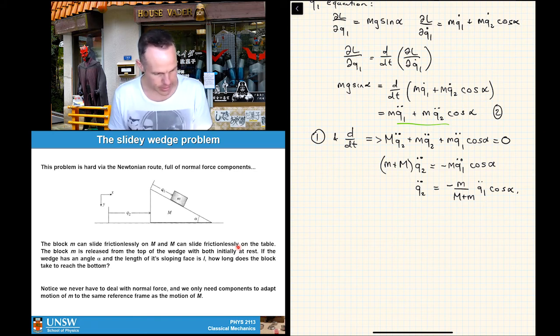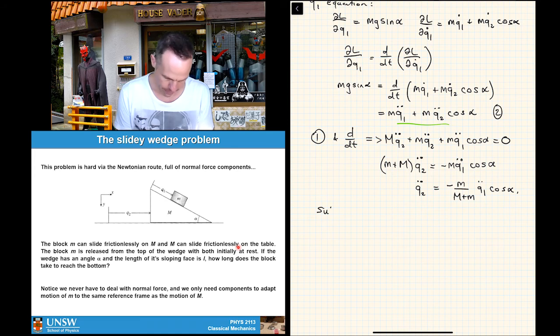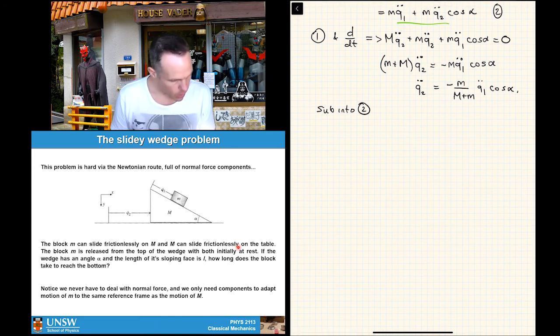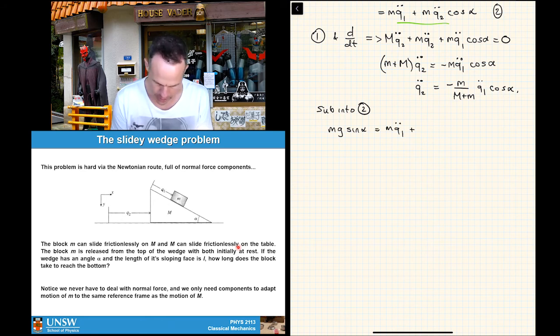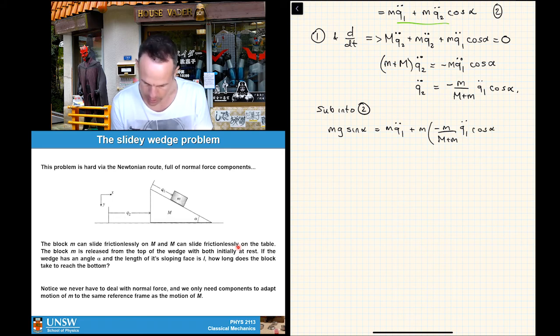Okay, and we can substitute this into 2. All right, so now what we've got is mg sin alpha is m q1 double dot plus m minus m on big M plus little m q1 double dot cos alpha on the end here.